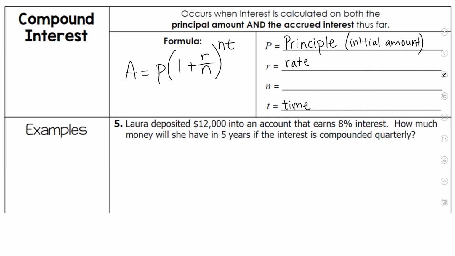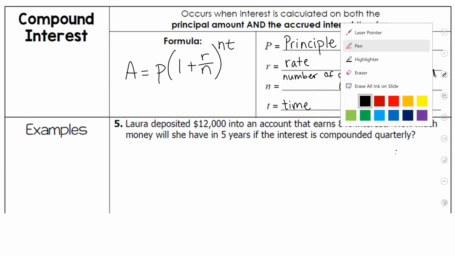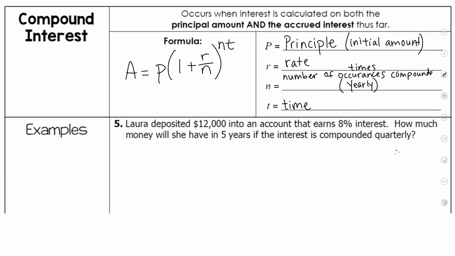However, the new variable that we have is N. N stands for the number of occurrences. And we're going to do it yearly. Instead of using the word occurrences, you can also use the number of times. Basically, the number of times it is compounded.